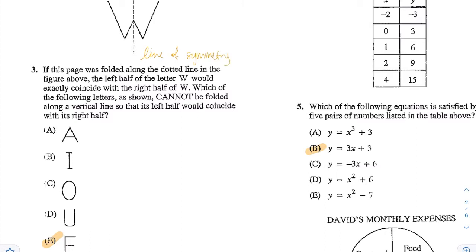And you're looking for whether or not each of these letters, these are vowels here, have a vertical line of symmetry. So you can actually see that A, I, O, and U all have a vertical line of symmetry. But letter E doesn't. The left half looks like this, whereas the right half looks like this. So there's no line of symmetry here.